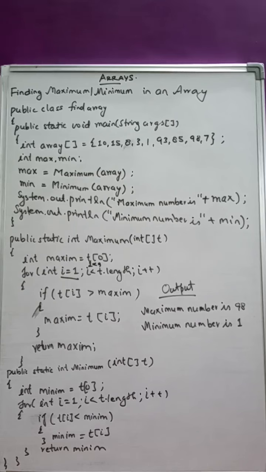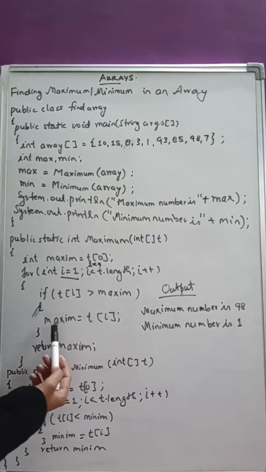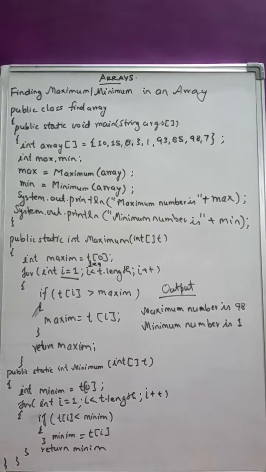In this case, when this condition is true, you will insert the value on the first index, t of 1, into the maxim variable. So we have just swapped the values, or we have done what? We have just changed the value of this maxim variable, because the next value is greater than the one on the 0th index.